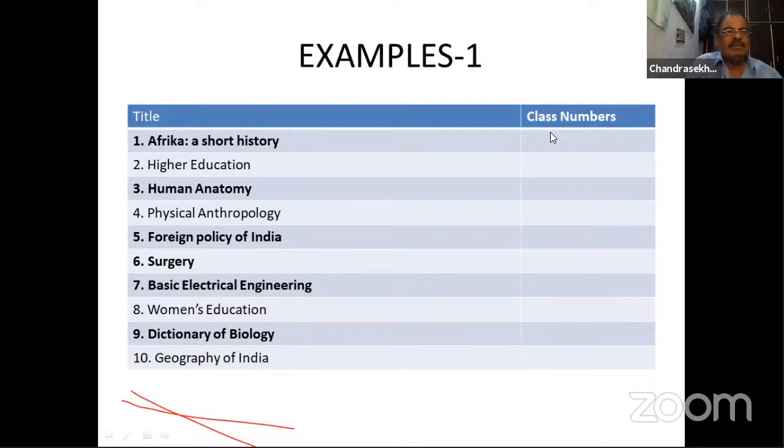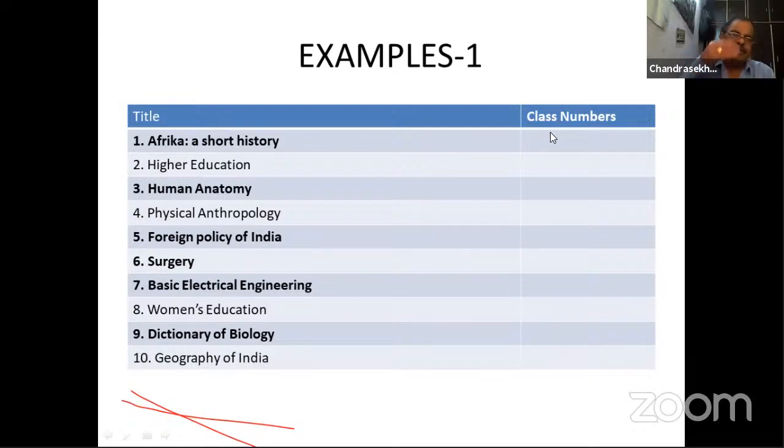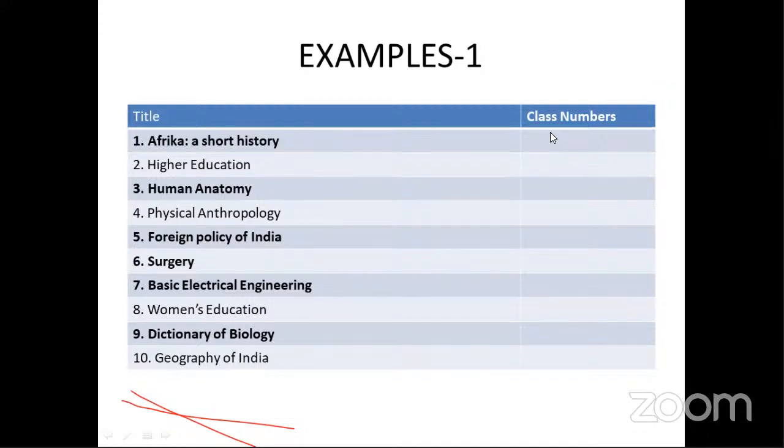In the examination, you know engineering, so you got the number for engineering. Then keep on searching: 620, 610, you search there, and you will find this direct number.